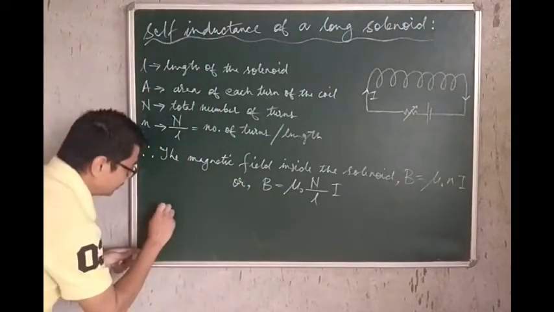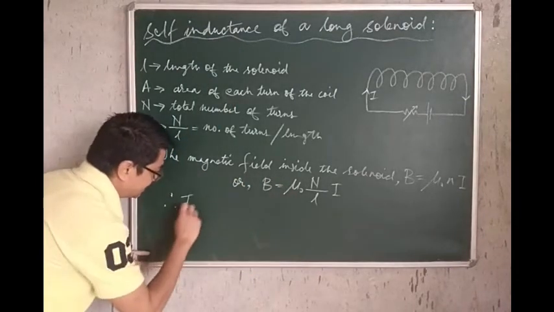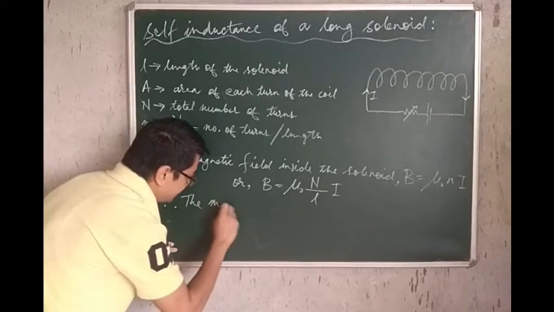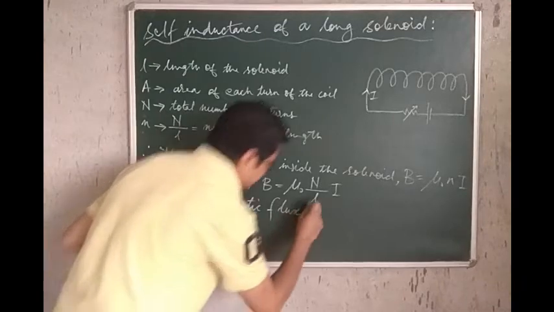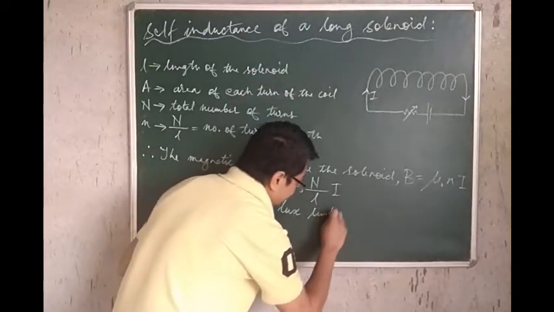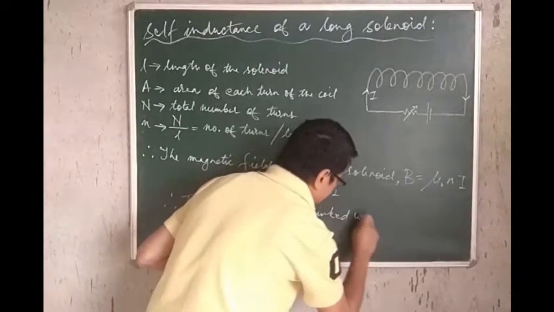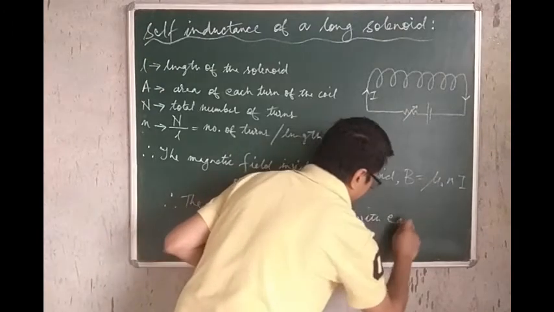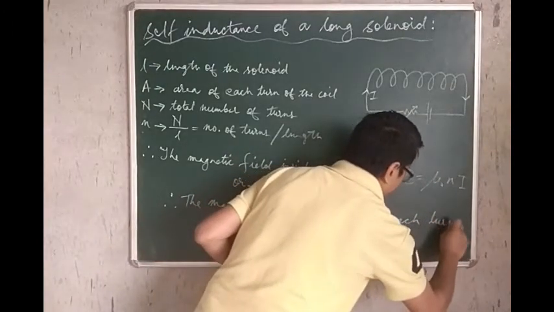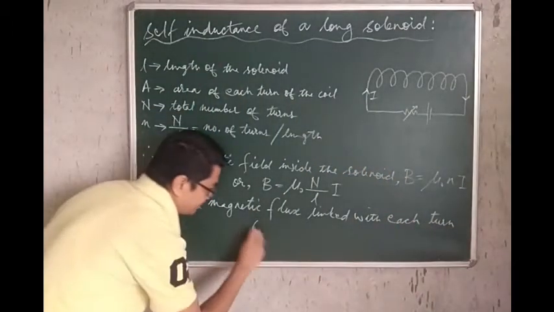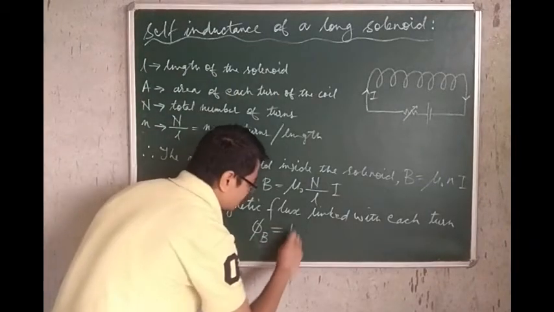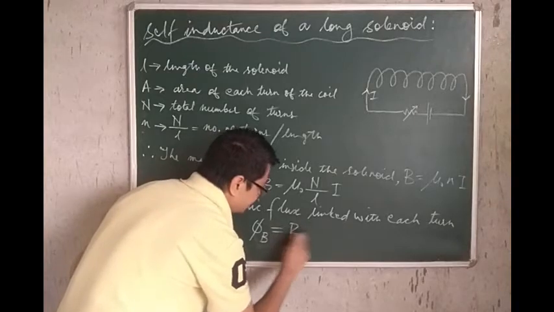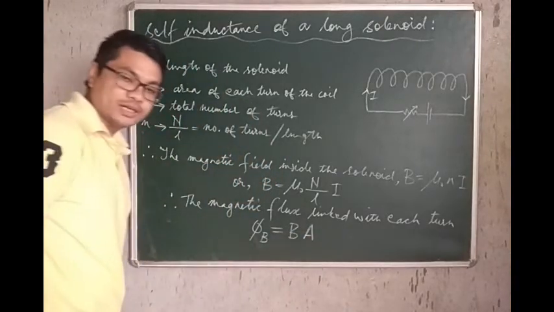So therefore, what we can further write is, the magnetic flux linked with each turn of the coil will be how much? Let's say it's phi B. Phi B will be B into the area.